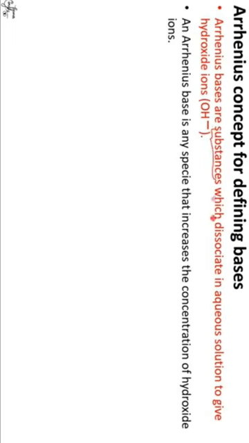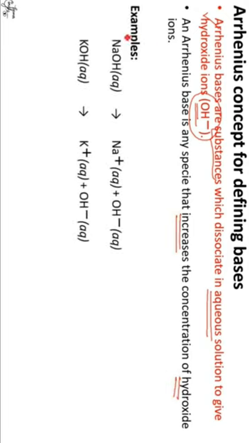Bases are substances which dissociate in aqueous solution, in water, to give hydroxide ions, OH minus ions. So those are considered Arrhenius bases. An Arrhenius base is anything that increases the concentration of hydroxide ions in the water.